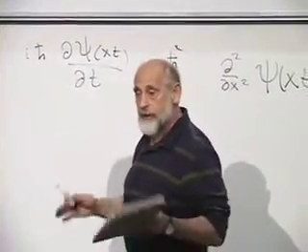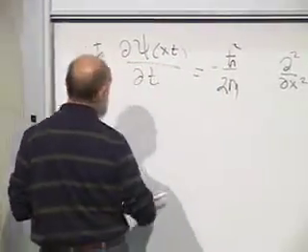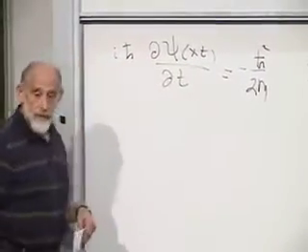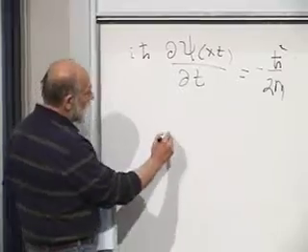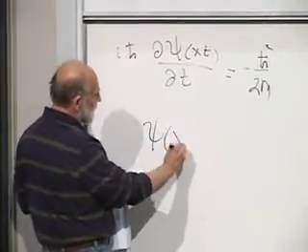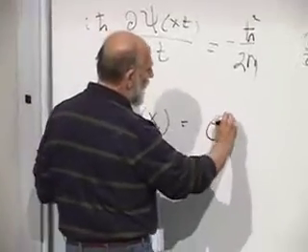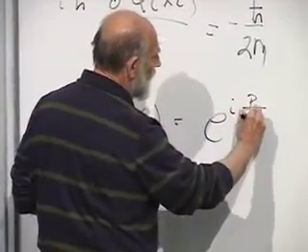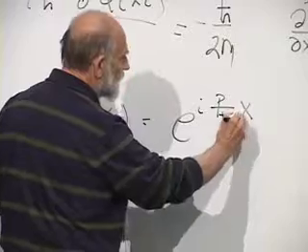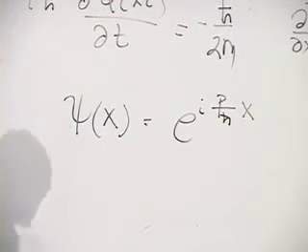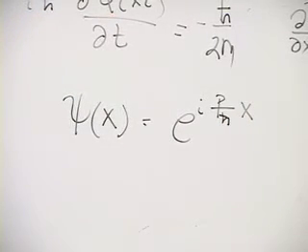Let's look for wave-like solutions. In other words, let's look for solutions whose x dependence is of the form e to the I p over h bar x. Let's look for solutions of that type.